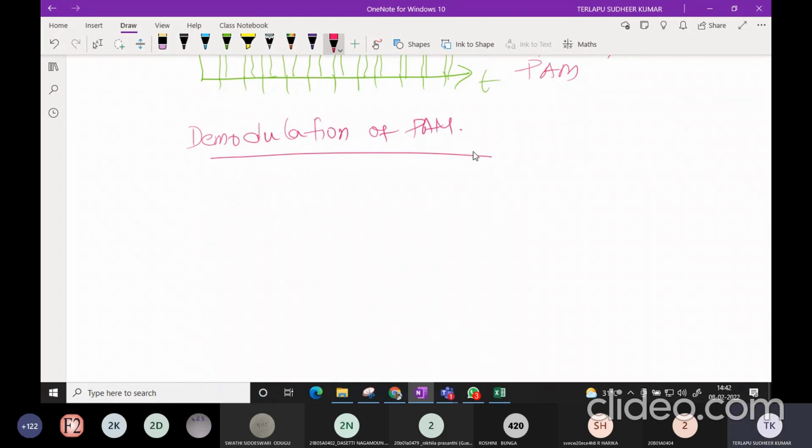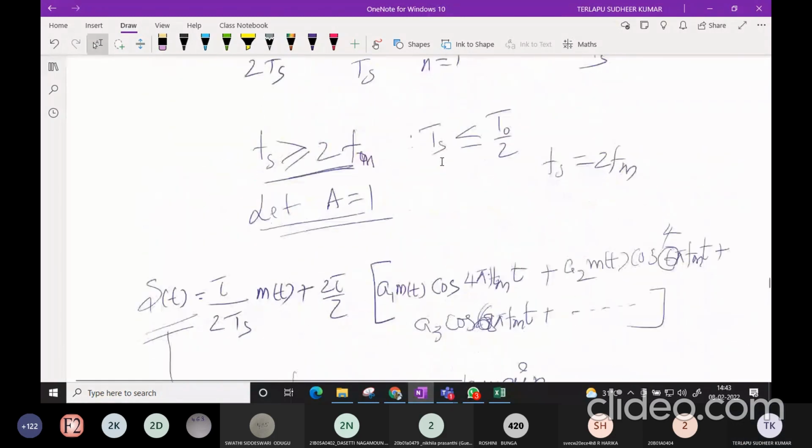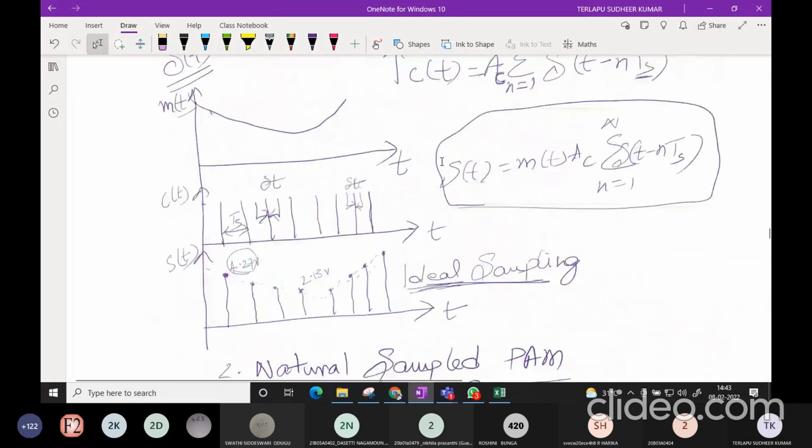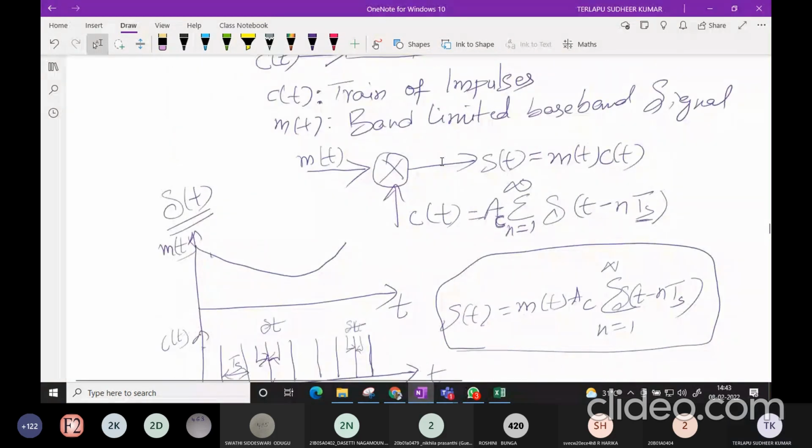In an instantaneous sampled PAM, we simply pass both signals. One signal is M of t, another signal is the impulse train, passed through a multiplier. The multiplier output is your ideal sampled PAM or instantaneous sampled PAM, just like this one.